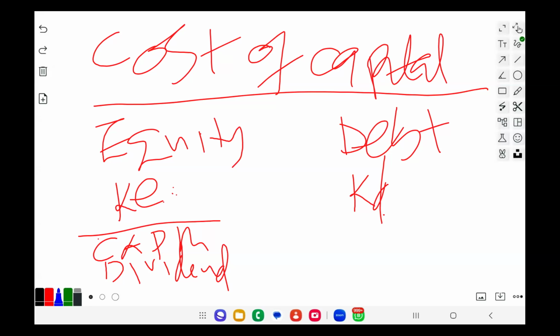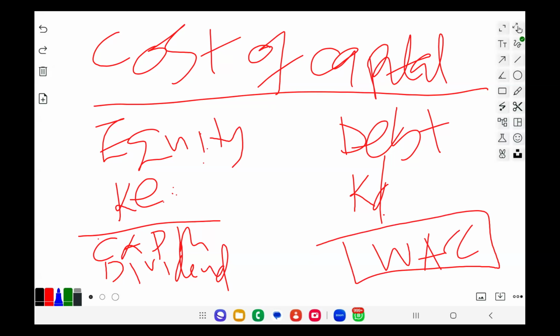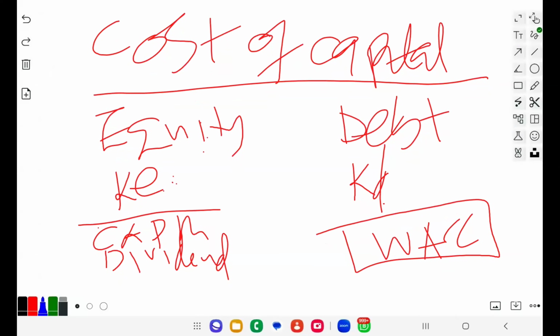So we combine these elements, the amount of debt and the amount of equity, into what is known as the weighted average cost of capital. Is that clear? Are we still connected?